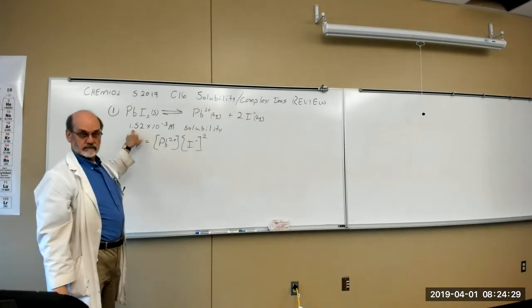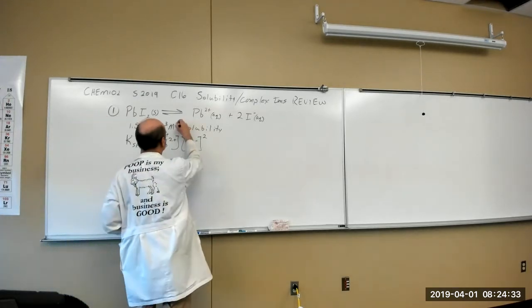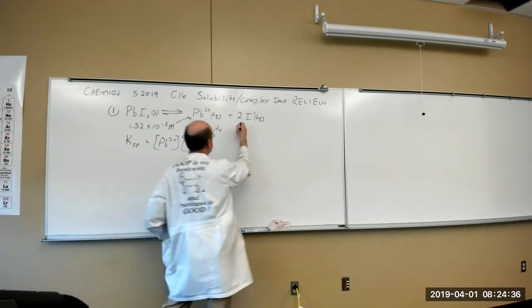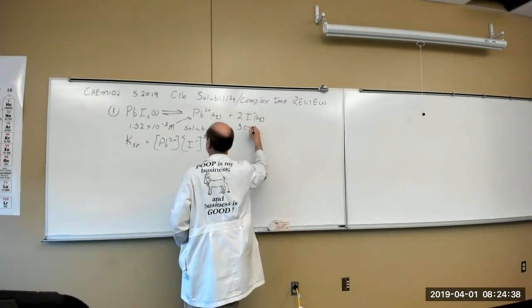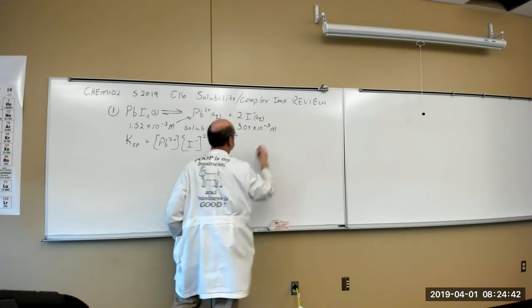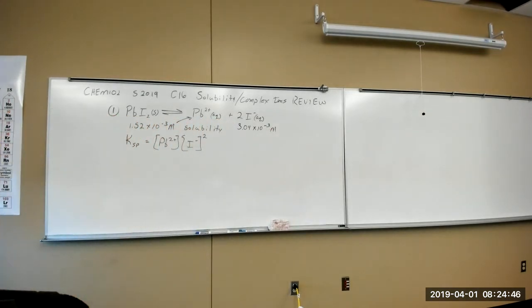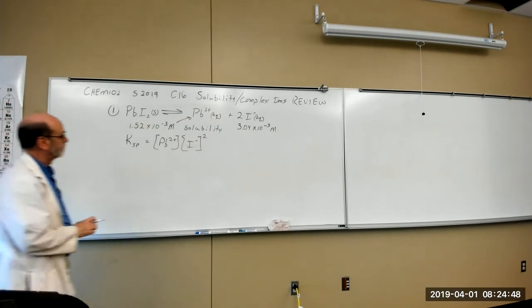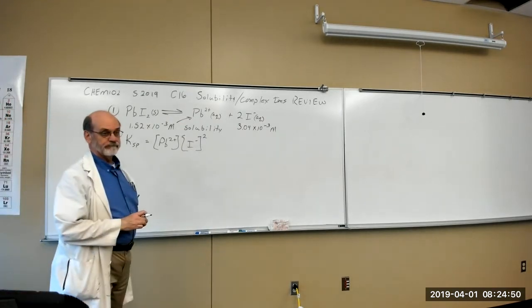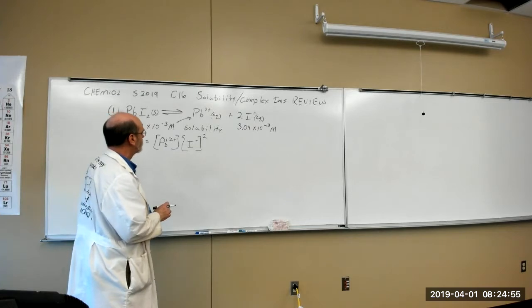So the concentration of that one will be 3.04 times 10 to the minus 3. This one will be that concentration, and this one will be, oh no, wait a second. So you have to use the coefficient in the calculation and square it as well. Right.